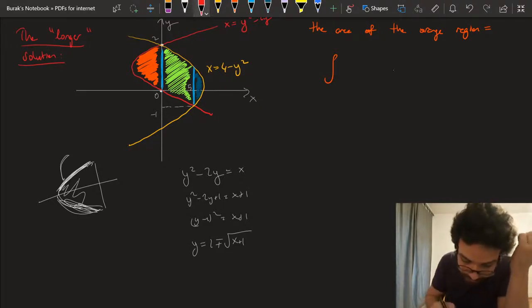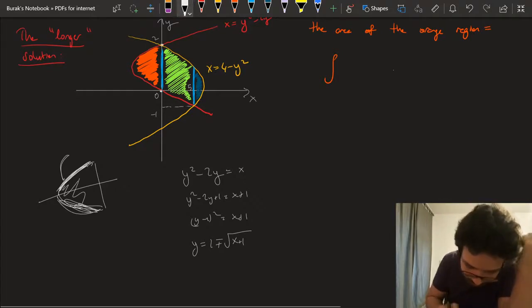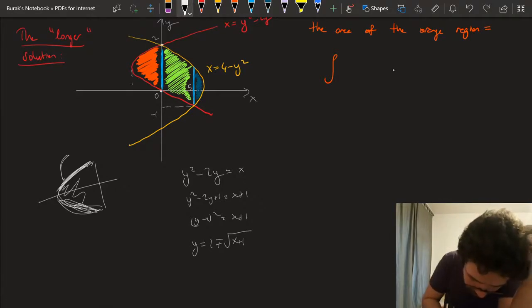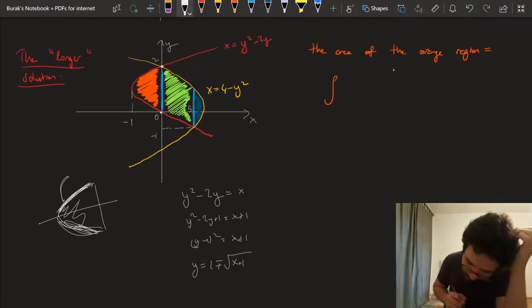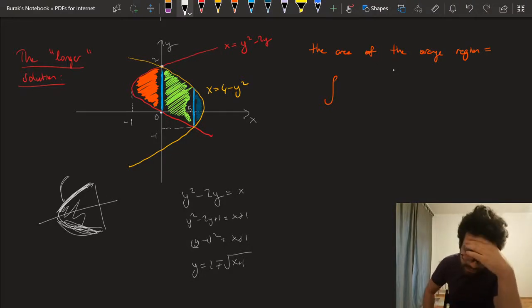So the area of that region is, again, y equals 1. This is x equals minus 1. You can actually check that that's minus 1.